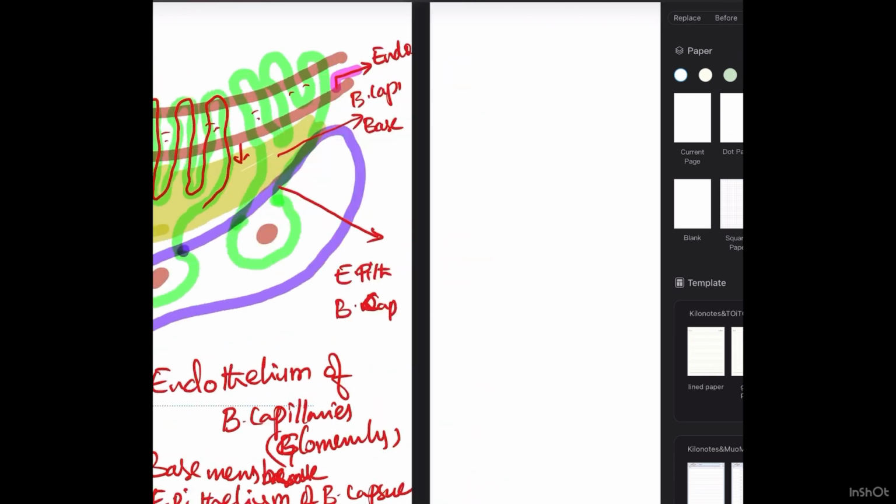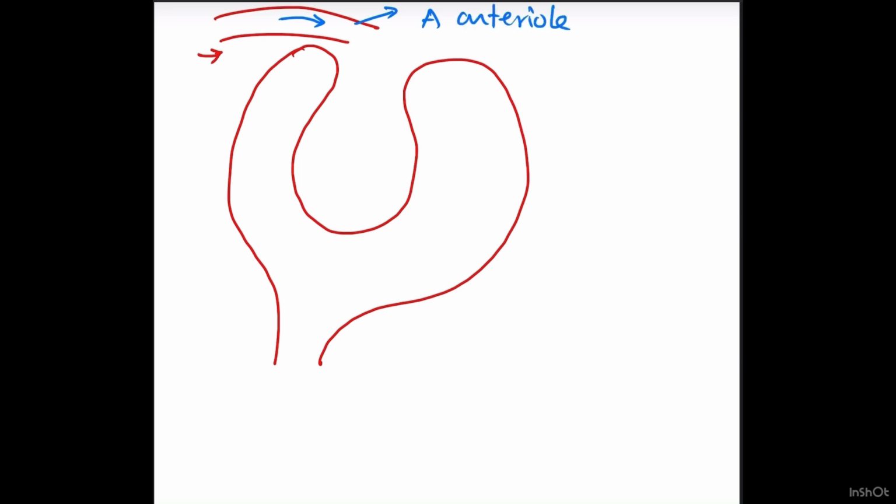And next, during ultrafiltration, what happens? We have to see how filtration takes place. Let us say the afferent arteriole brings the blood. How much blood is it bringing?